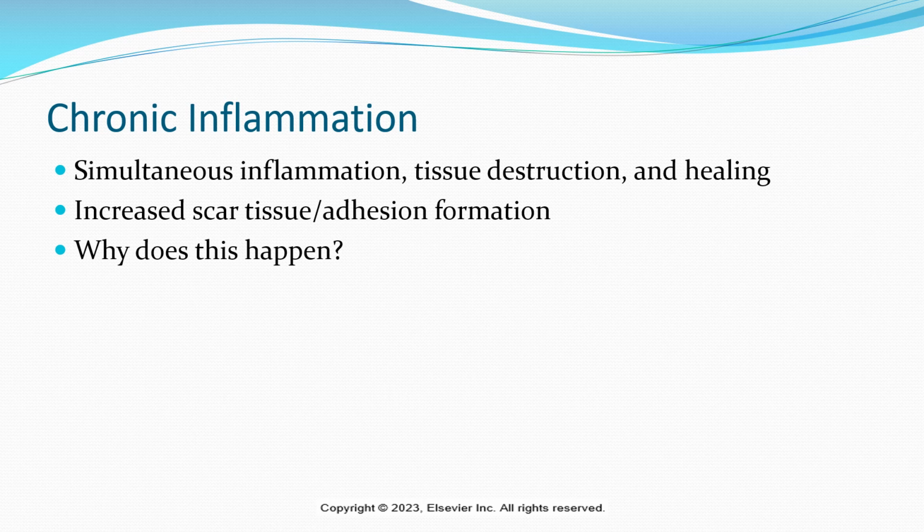There's still going to be probably loss of function, but it may not present red, with tons of edema or anything along those lines. But still underlying, we have inflammation that's present, which leads to tissue destruction and prolonged healing, essentially. And whenever we see this kind of chronic inflammation, this is where we start to really see a lot of increase in scar tissue and adhesion formation.